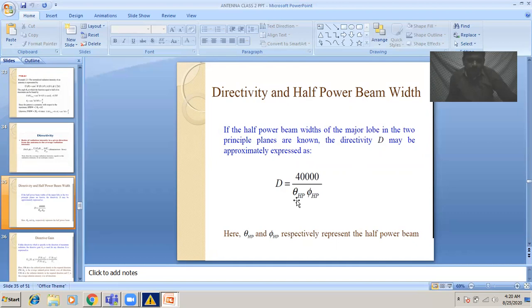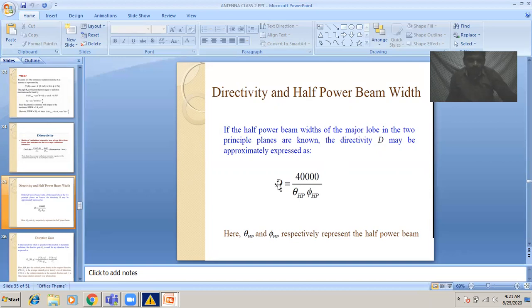It is because the radiation pattern is a three-dimensional graph. Therefore, the beamwidth can be measured in two planes. One is azimuthal plane, and the other is beamwidth in the elevation plane. So here this is half power beam width measured in the azimuthal plane, and half power beam width measured in the elevation plane.